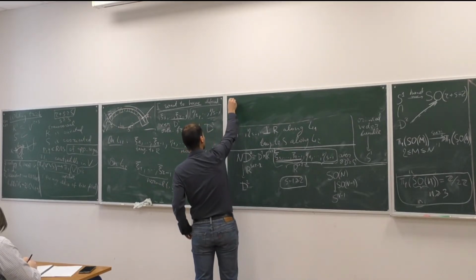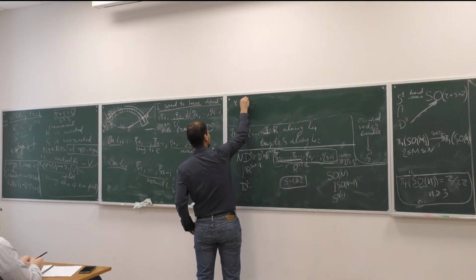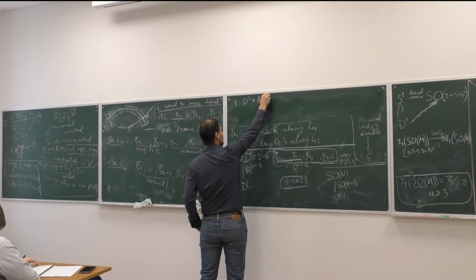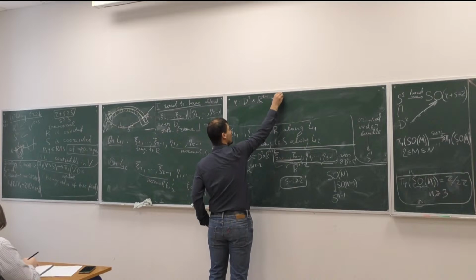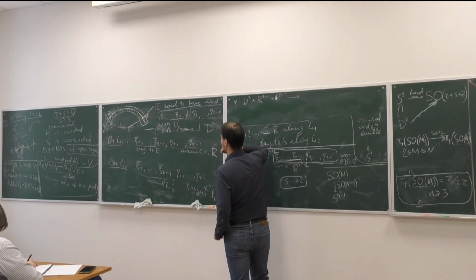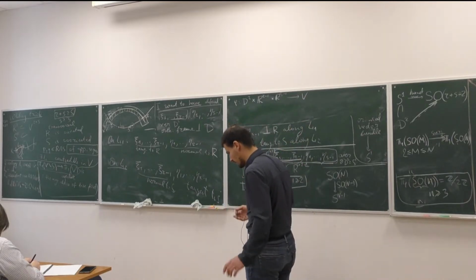I want to use the exponential map to define phi from disk cross R minus 1 cross S minus 1 to our T. What does it mean to consider the exponential map?